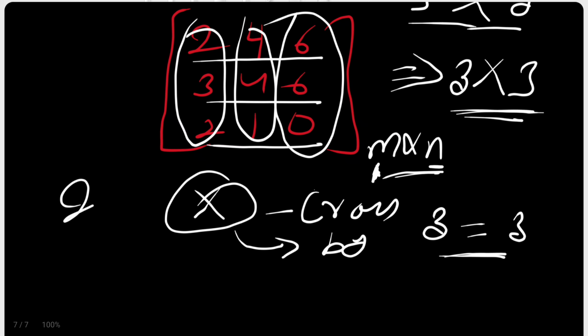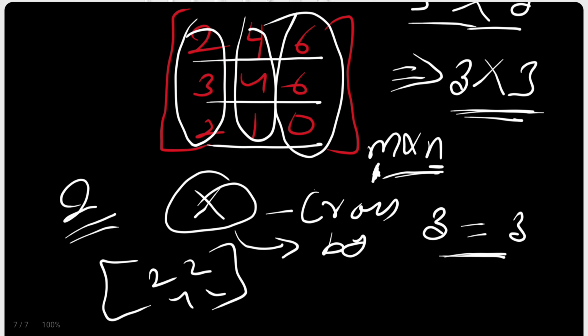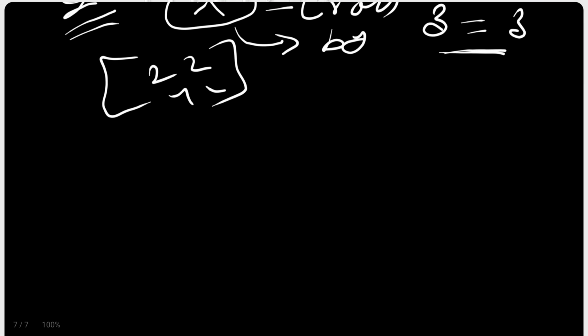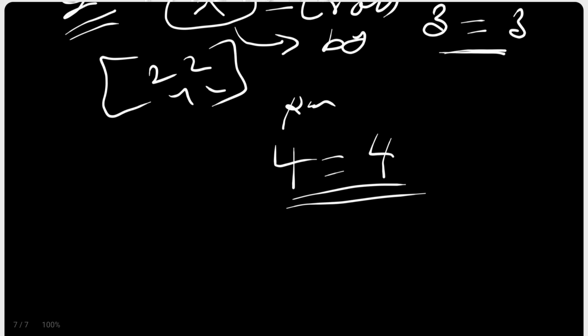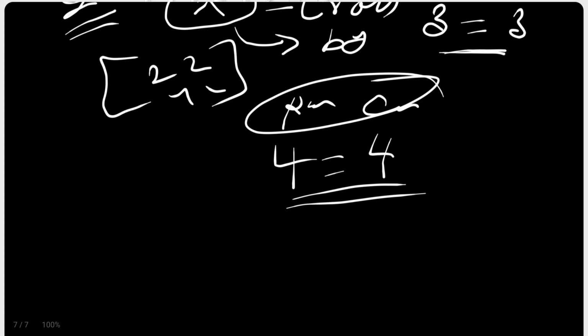Don't think square means 2 by 2 only. It is not necessary. A square matrix can be any size. If it is a 4 by 4 matrix, rows and columns are equal, then it is our square matrix.